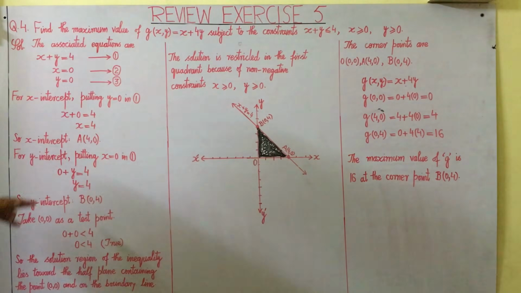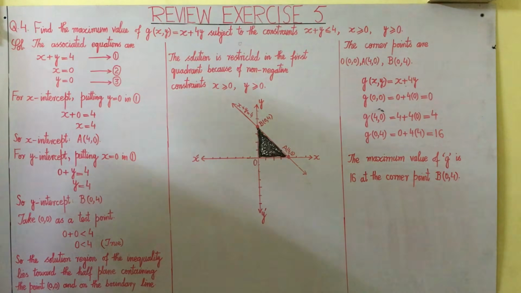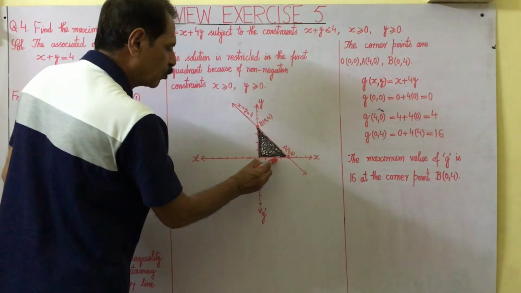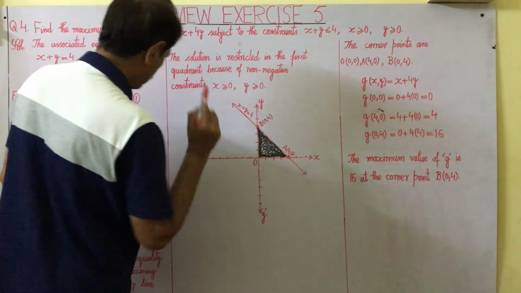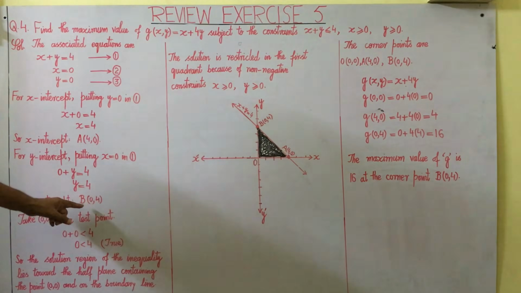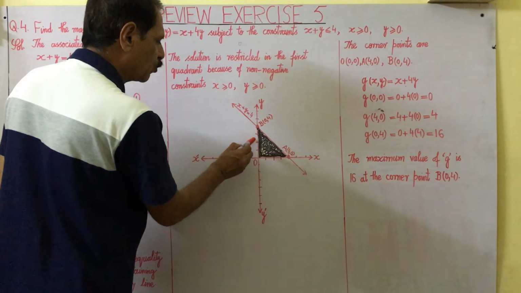First of all, point A has coordinates (4, 0): 1, 2, 3, 4. So this is point A. B has coordinates (0, 4): 1, 2, 3, 4.